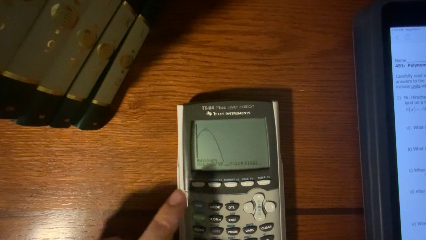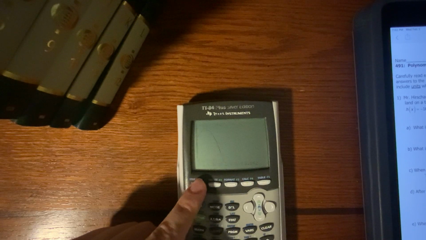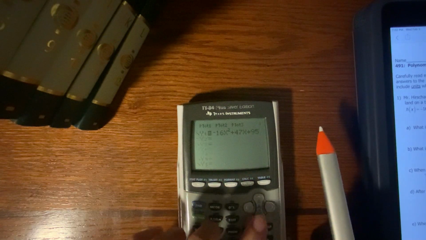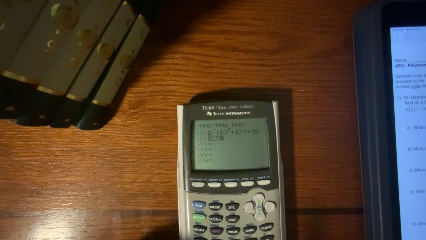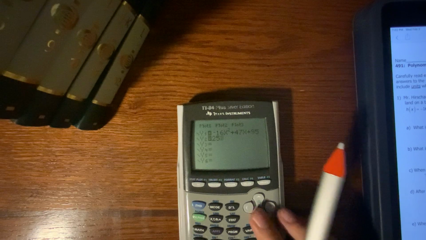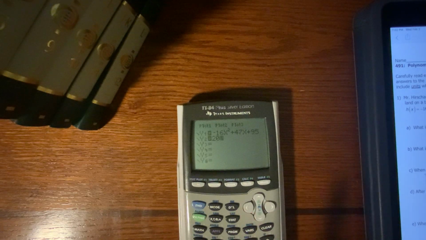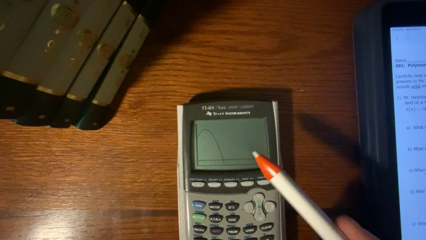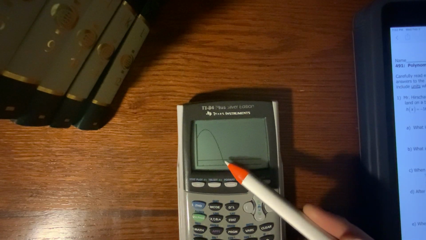There we are. We're going to go back to y equals. We still have the original thing typed in there. So we're going to go down and type in y equals 25. Or no, it was 20 on this one. 20. And we're going to press graph, and we see it introduced there. There's an intersection point right there.